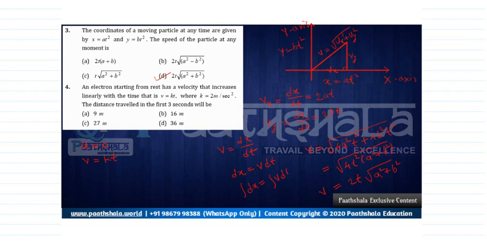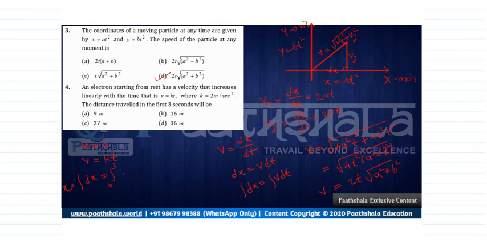So I'll put the formula here. The total displacement x is equal to the integration of dx, and the time limit they have mentioned is the first 3 seconds. So the limits of integration should be 0 to 3 of v dt.